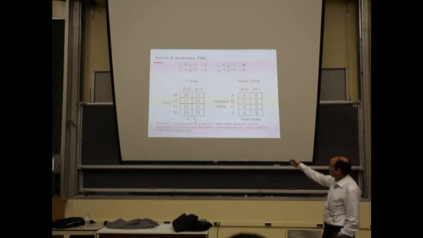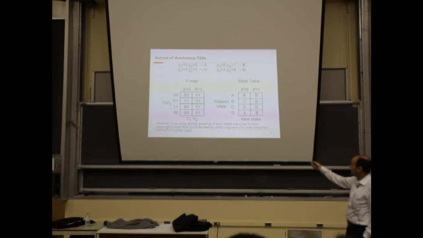Now, to analyze the circuit just in terms of behavior, when y1 is equal to 0 and small y2 is equal to 0, I go to state A. If y1 is equal to 1 and y2 is equal to 1, then I go to state C and so on. So here what I am trying to do is to look at these states and present them by state variables.